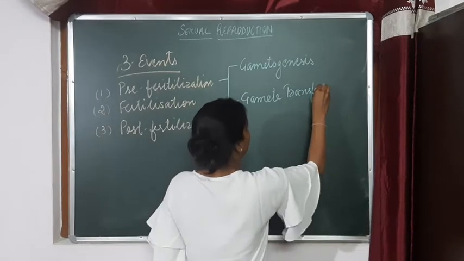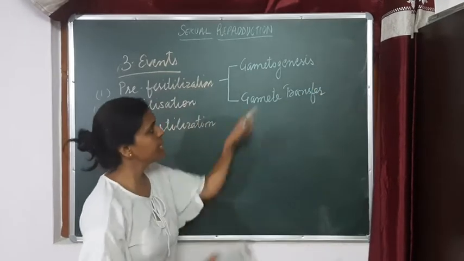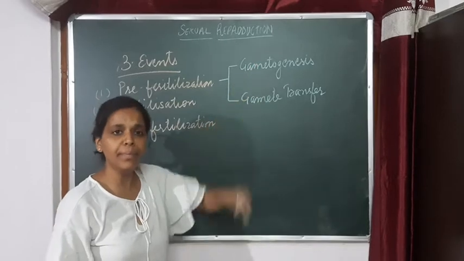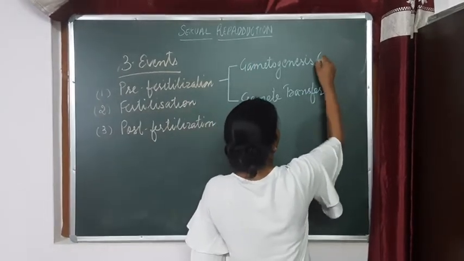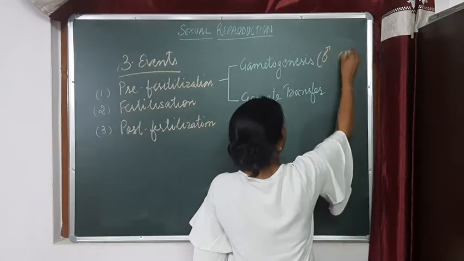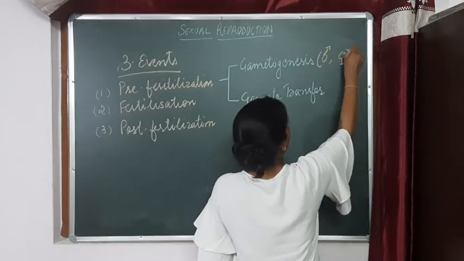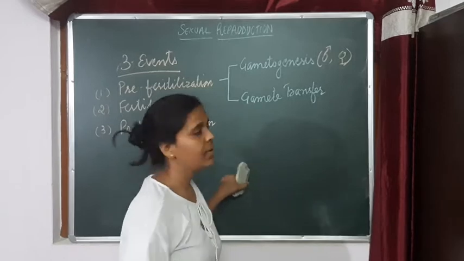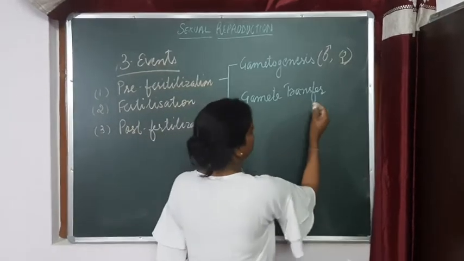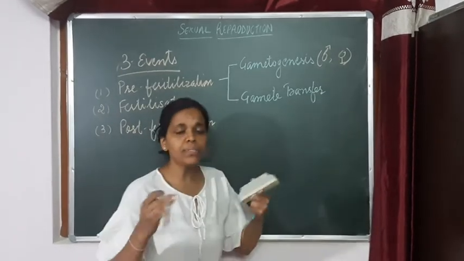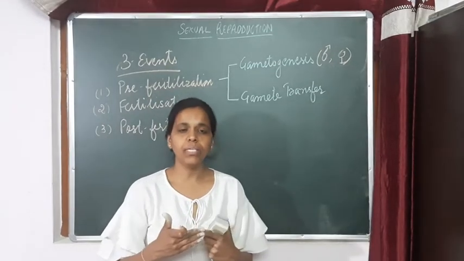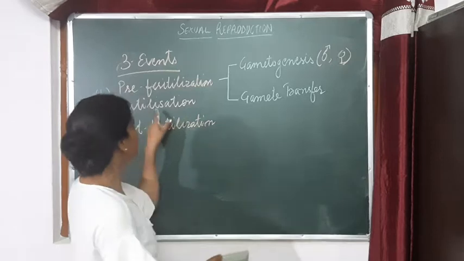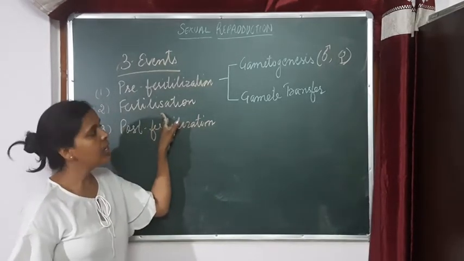Okay. So gametogenesis is the formation of gametes. The formation of the male and the female gametes is known as gametogenesis, right? And gamete transfer is when these gametes are transferred by a medium, so that they may fuse with each other and enter into the second step, that is fertilization.